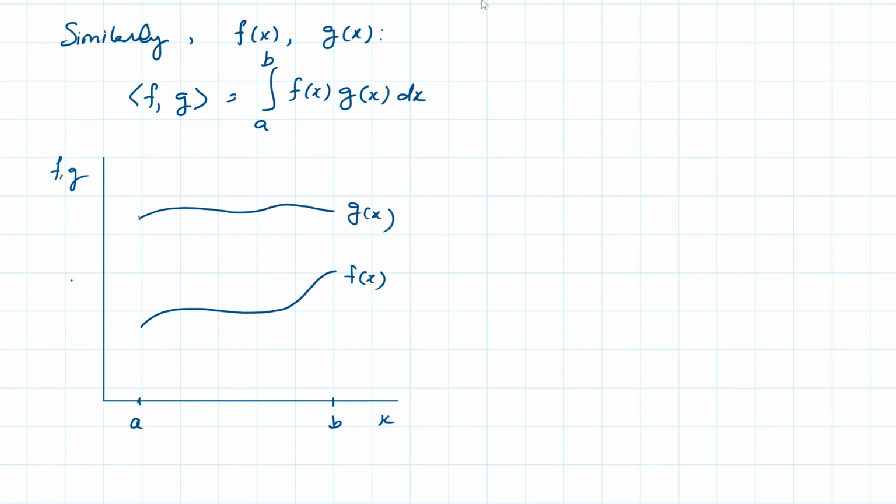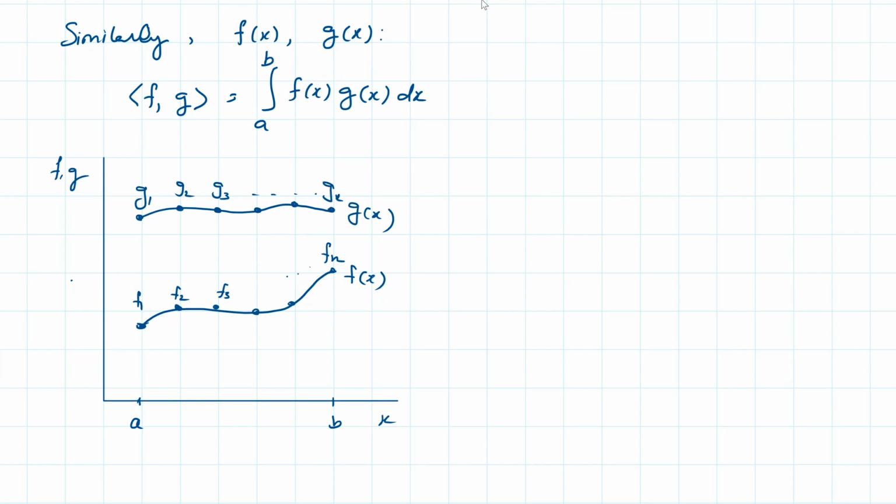Now consider evaluating both functions at discrete points. Then I can write f1, f2, f3, up to fn, and similarly for g: g1, g2, g3 up to gn.